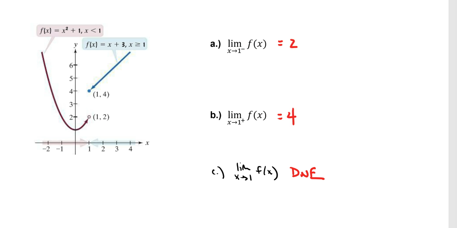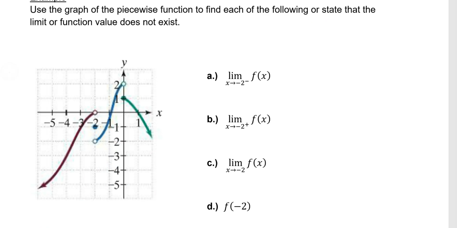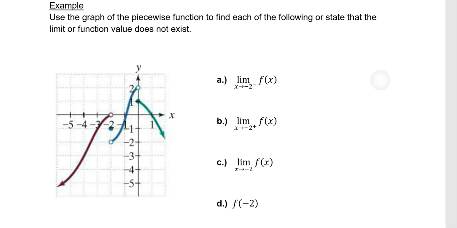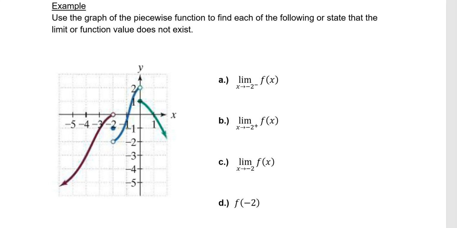All right, let's see a couple examples of this one. So let's use this graph to determine the answers to each one of these. So we have, for the first one, the limit as x approaches -2 from the left. So when we go to -2, we can see there's this big jump in the curve, right?